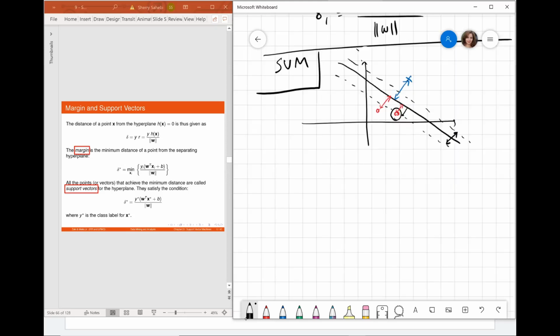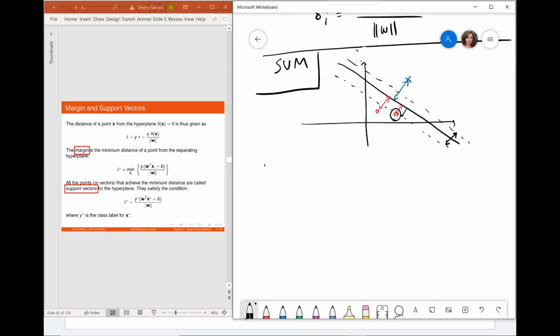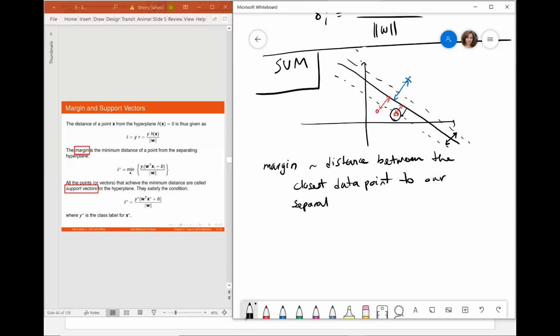In other words, the width of the margin is going to be equivalent to the distance between the closest data point and our separating hyperplane.